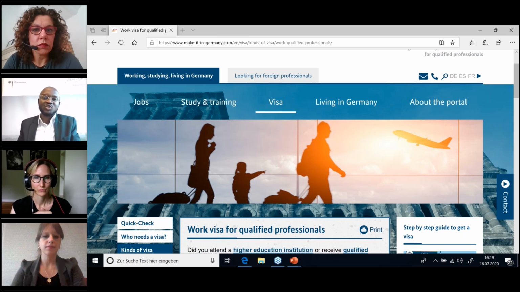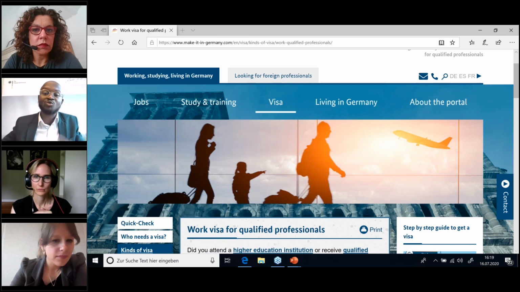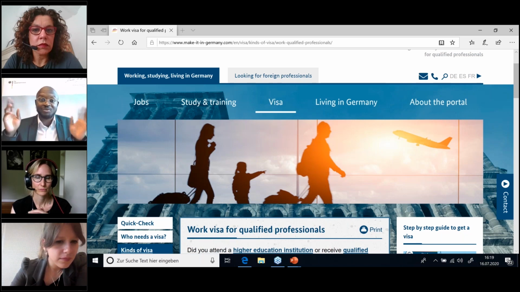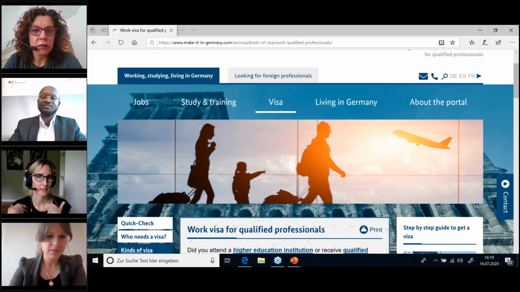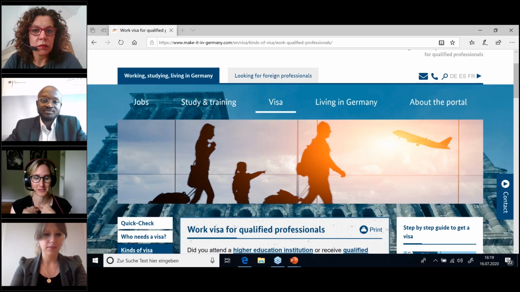So is it possible to apply to a Goethe-Institut where the prices are maybe cheaper? No, because we would then refer you to where you're actually at. It doesn't really work for the US, but if we get course requests from Tunisia, then we would refer them to our colleagues in Tunisia.